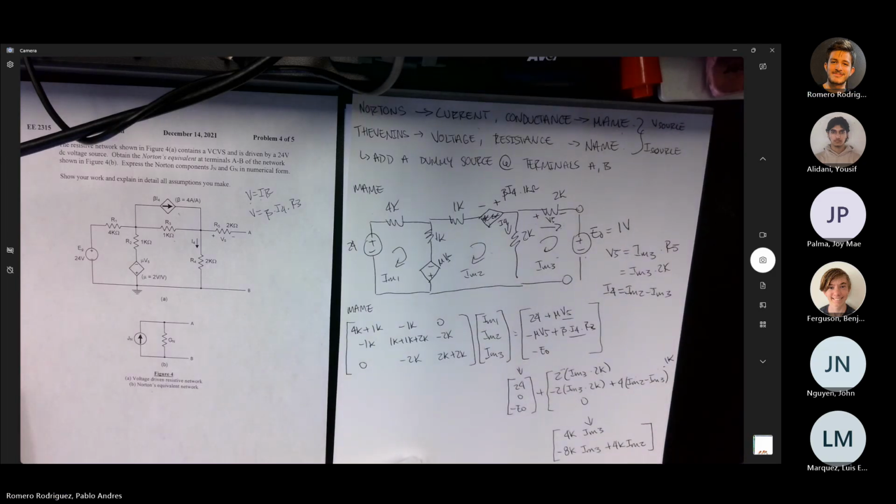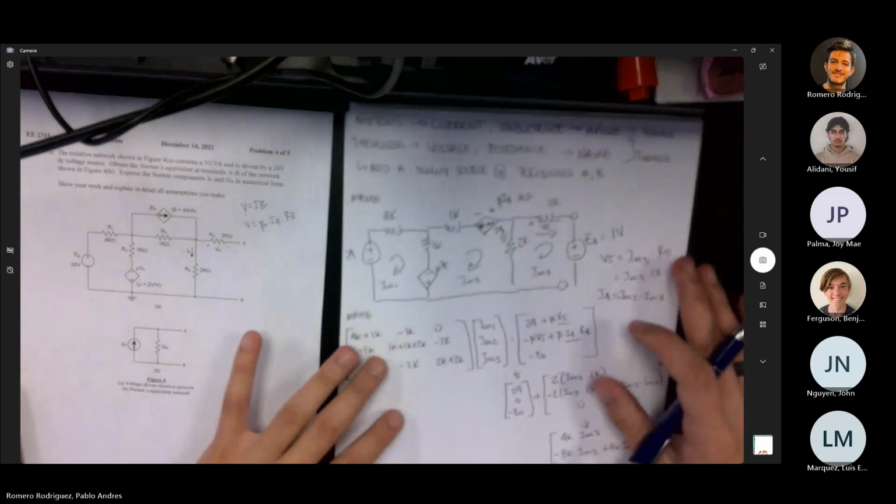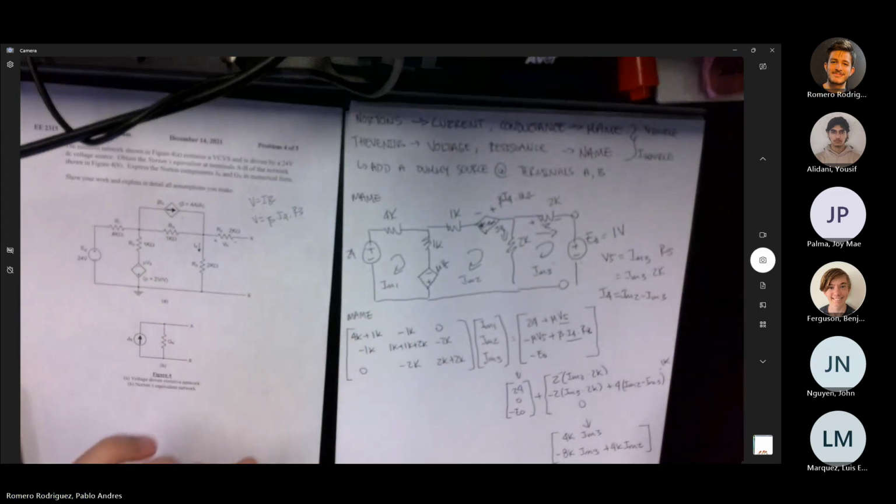Right? Kind of weird math here, but I think that's what it simplifies to. Okay. Good. Didn't even do it in numerical. Okay. Let's just go with it.